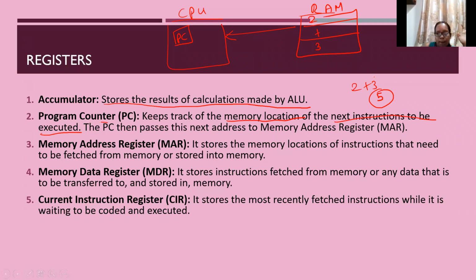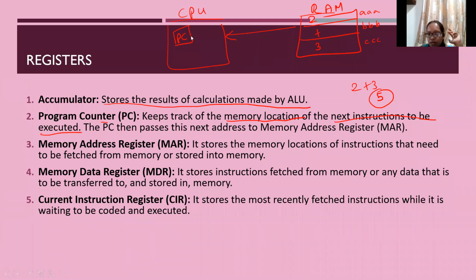Then first the PC will include the memory address of the 2. Say the memory address is AAA, this is BBB, this is CCC. These are the memory addresses of these cells, right?